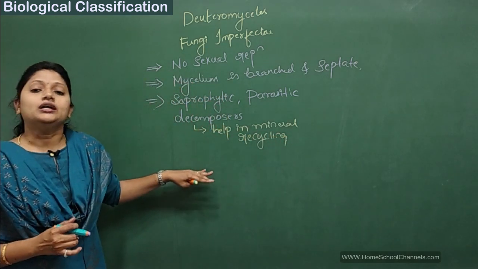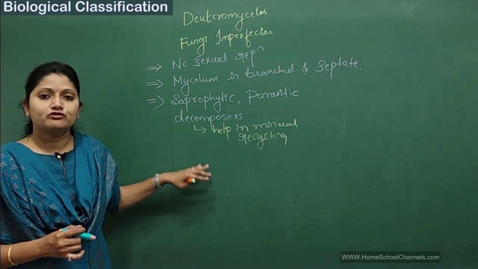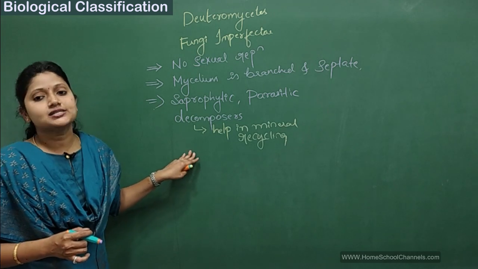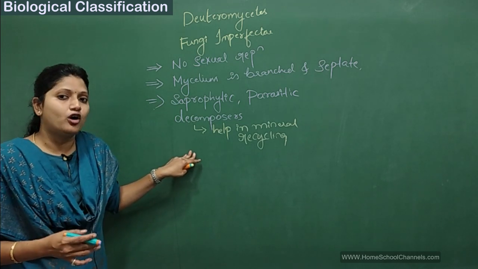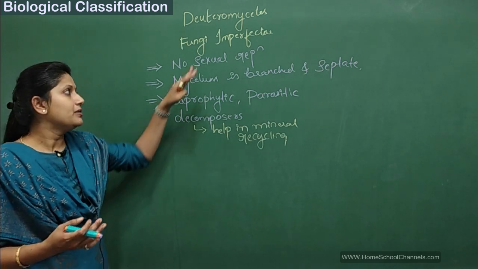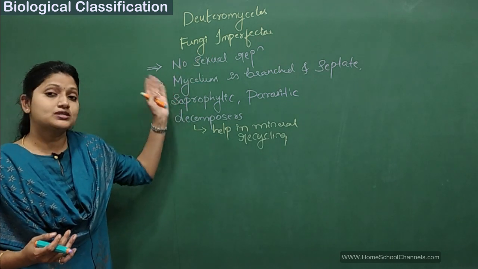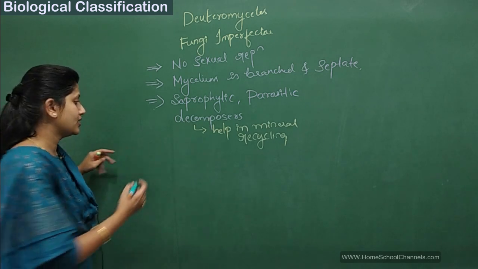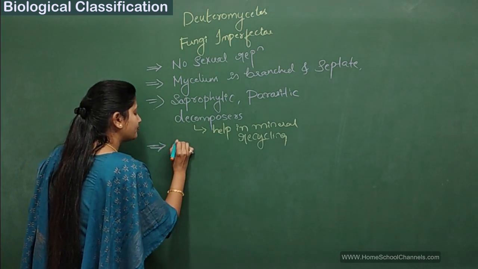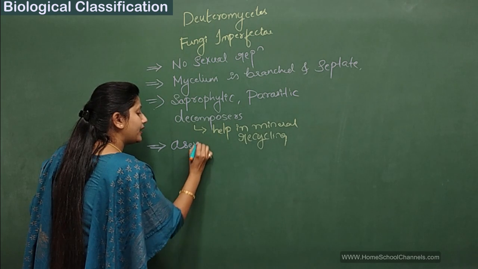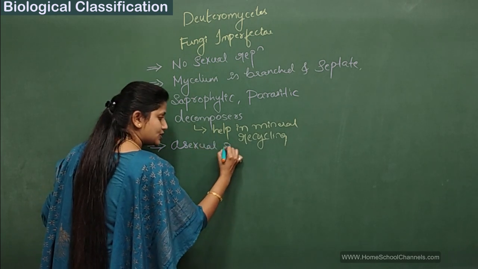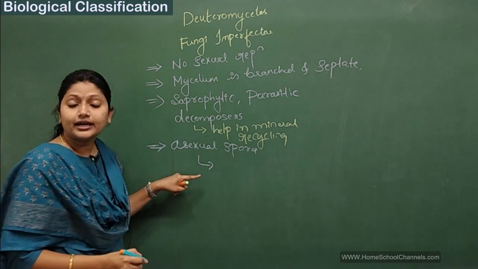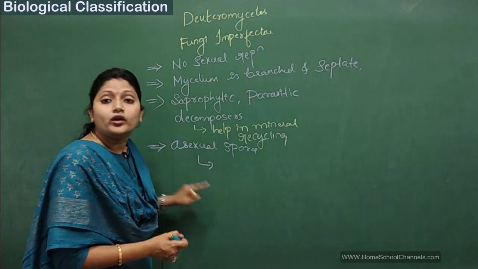Then, what type of spores are formed by these organisms? They mainly form asexual spores or vegetative forms of asexual spores. Since there is no sexual reproduction, it should be only asexual spores.